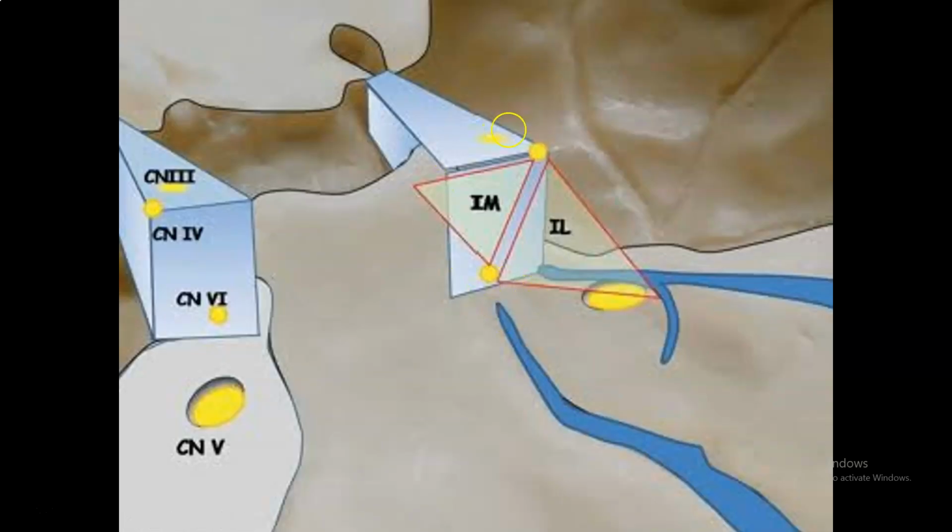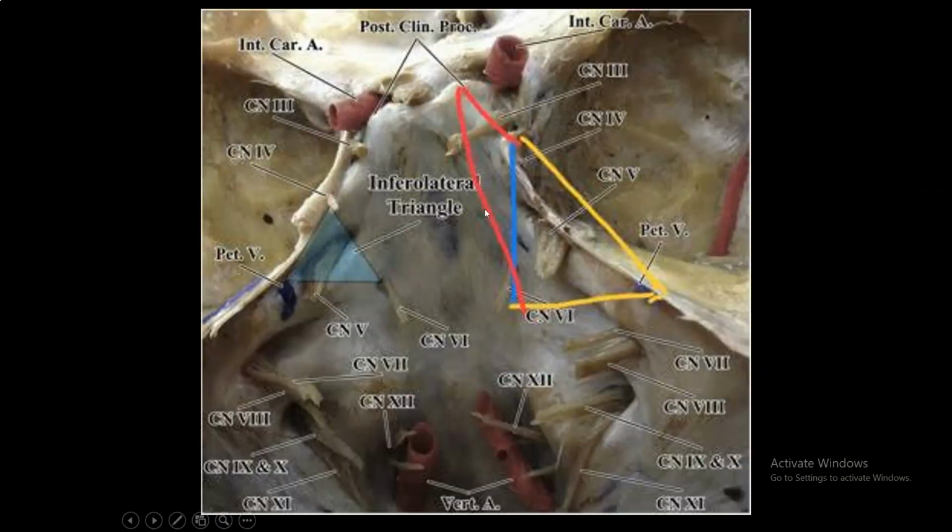Paraclival triangles, posterior fossa, either side. Always remember where is the sixth nerve and 4, the trochlear and the abducent. A line drawn from the entrance of the abducent nerve to Dorello's canal and entrance of the trochlear nerve to the cavernous sinus.